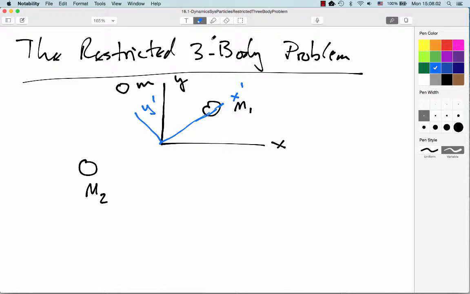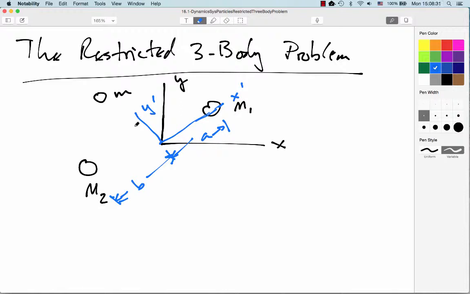And this doesn't necessarily have to be aligned along Y, so let me just move it off to the side a bit to make that more obvious. Okay, so we will say that we are a distance A away from the center of mass here, and a distance B away over there.